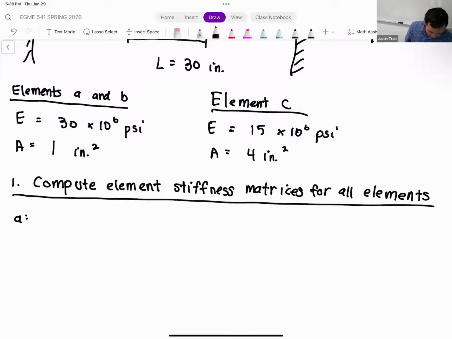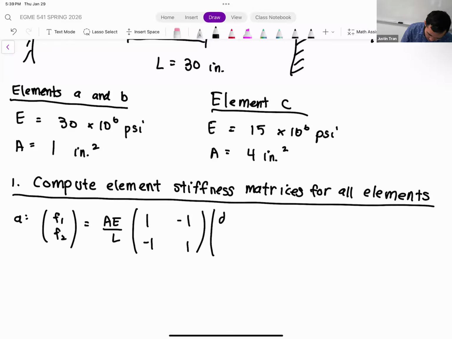So we know that the element stiffness matrix for element A is going to be F1, F2 equal to AE over L times the matrix 1, minus 1, minus 1, 1, multiplied by D1, D2.